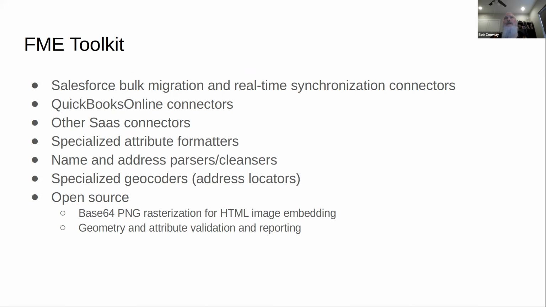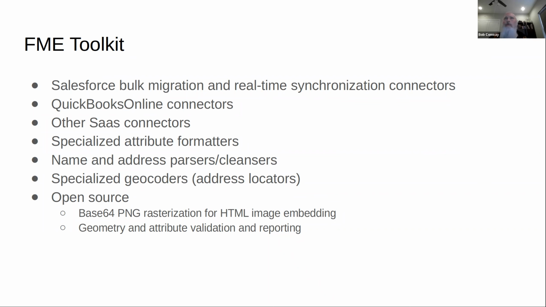I've assembled my own extensive private kit of FME-based tools over the years. These do everything from batch and real-time geo-aware enterprise database synchronization with Salesforce to integration with other common software as a service providers like QuickBooks Online, to special attribute value formatters, to name and address parsers and cleansers, to some specialized address locators, which are known as geocoders in the field.